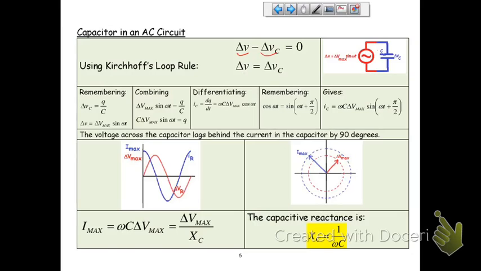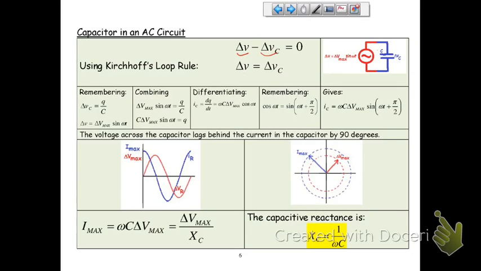We say our delta VC equals Q over C. And we apply delta V equals delta V max sine omega t. So delta V max sine omega t equals Q over C. So C times delta V max sine omega t equals Q. Well, IC equals dQ by dt, which means that we have omega C delta V max cosine omega t.